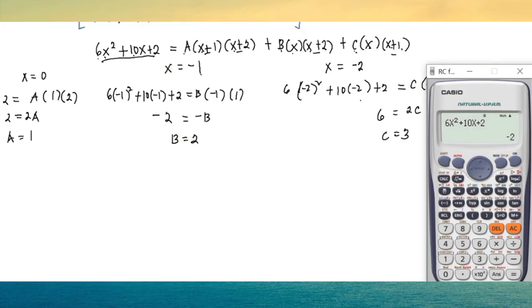So, if x is negative 2, calc negative 2, and that's positive 6. So, if x is 0, calc 0, and that's positive 2. So, kahit anong value ay pwede natin dito substitute. So, calc 5, kunwari, so that's 202. So, calc anything. Okay, so, continue tayo.